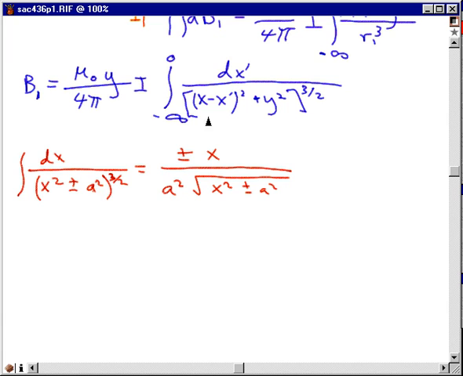The y is the constant playing the role of a, but instead of just an x, the variable of integration, which would be actually an x prime in our case, we've got this expression x minus x prime, so it's not quite identical. Of course, we're dealing with the plus sign, so we don't even need that minus part. I think I'll just erase that.